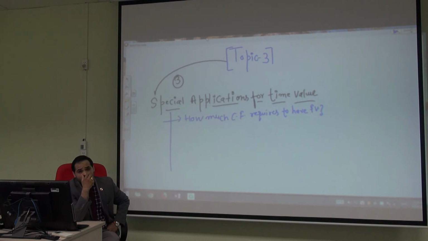Of course, if you deposit $10,000 every year, that money will be more than $50,000, because you're going to earn interest every year. So the answer is not exactly $10,000. It's going to be less than $10,000 because you're going to earn interest.